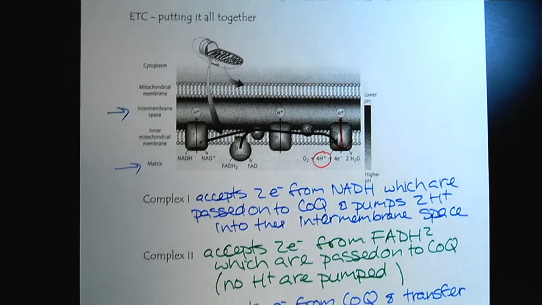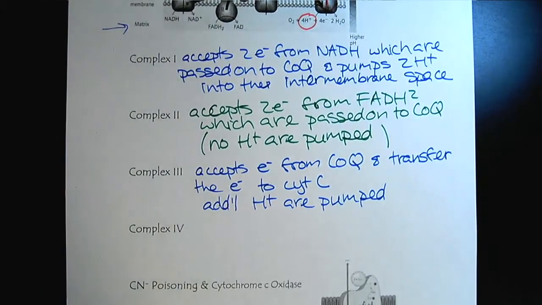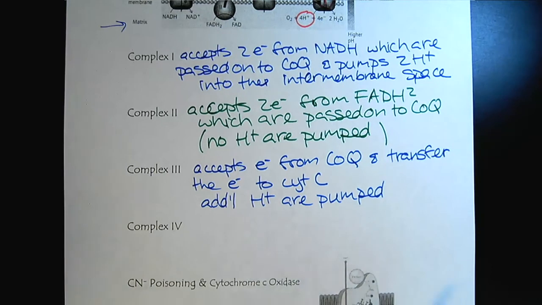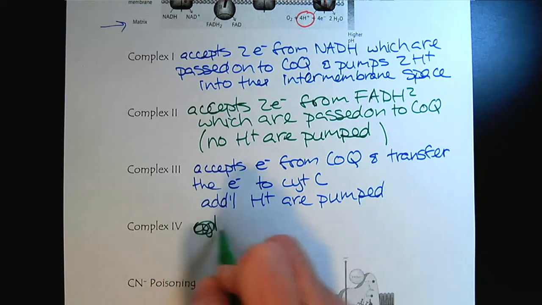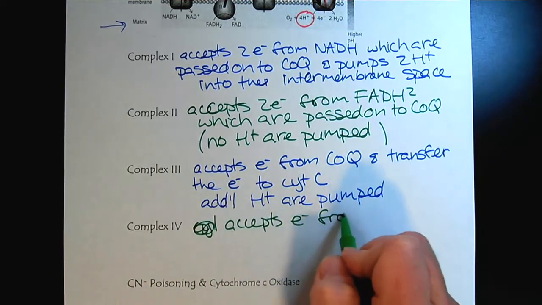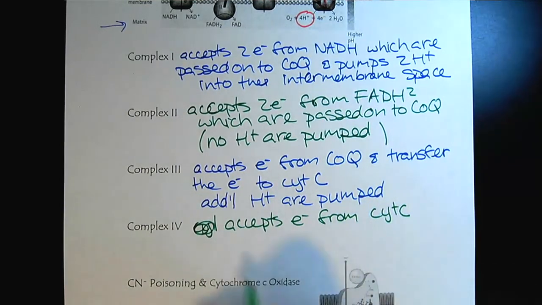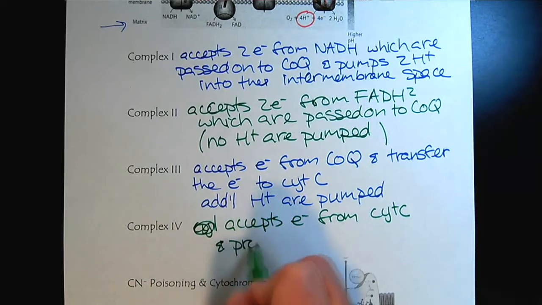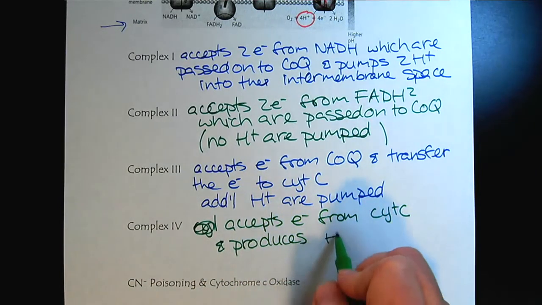Okay. Now let's look at the last complex. Complex 4 accepts electrons from cytochrome C and produces water.